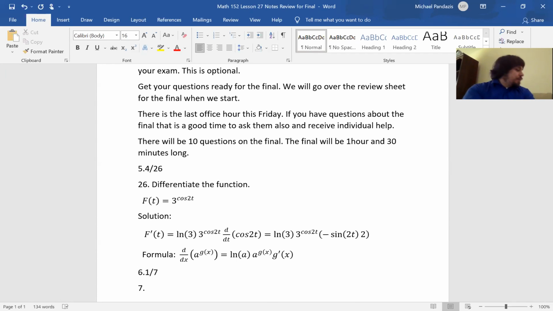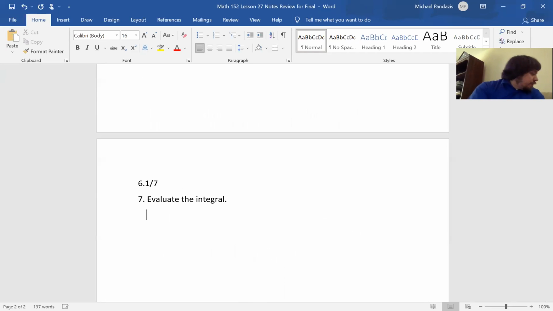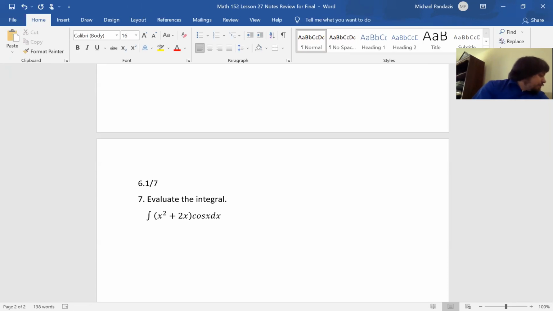So number 7 is evaluate the integral. The integral is the integral of x squared plus 2x times cosine x dx.